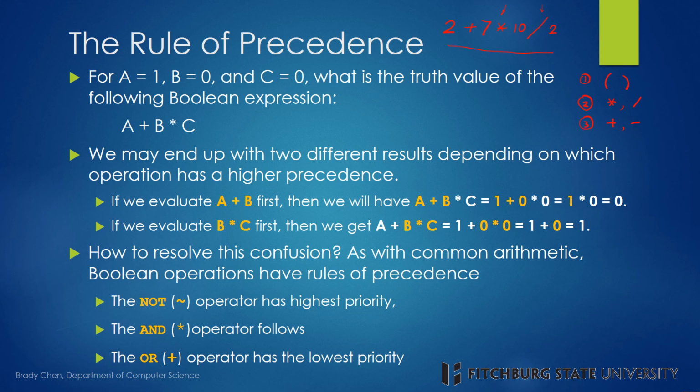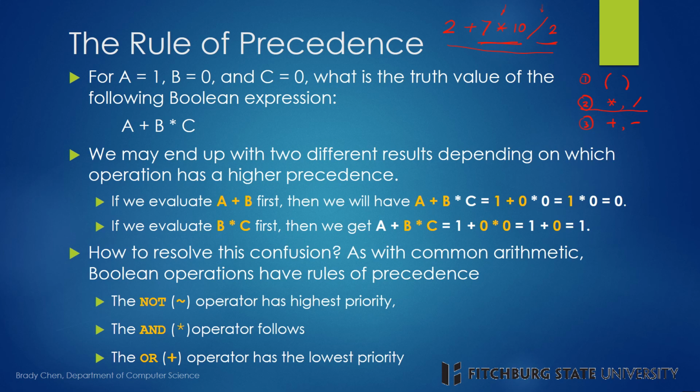That means in this expression, we need to evaluate 7 times 10 first, and then divide by 2. Typically, if you have two operations at the same level, like multiplication and division, the order is from left to right. So you evaluate the multiplication first, and then the division in this case. If the division is before the multiplication, you first evaluate the division.